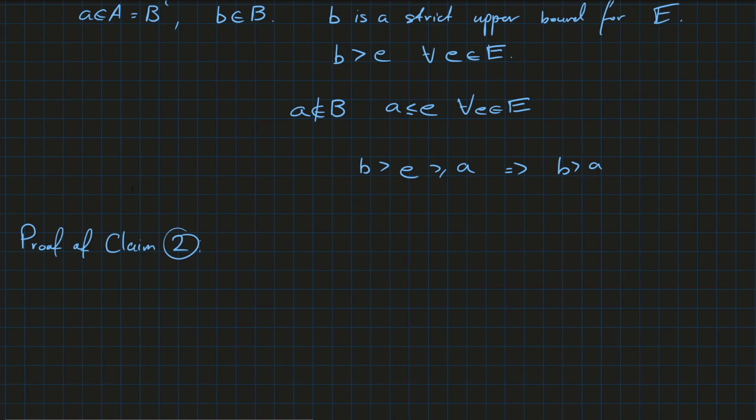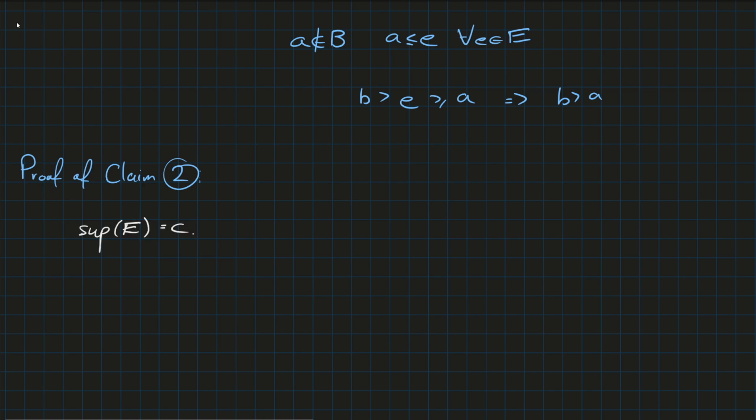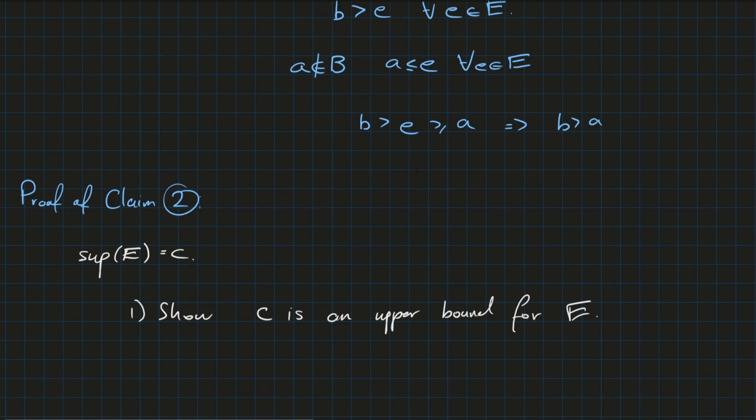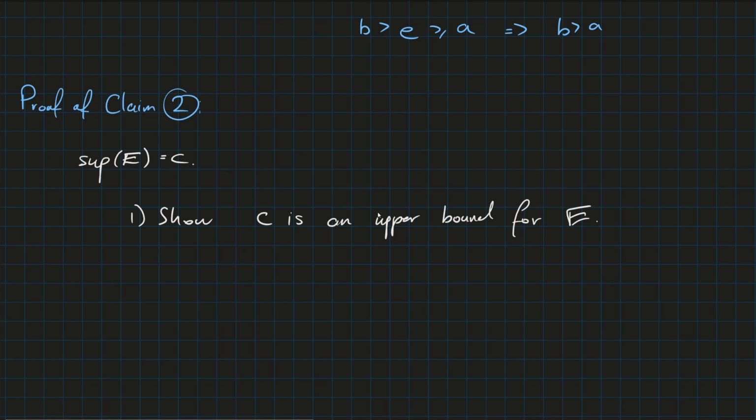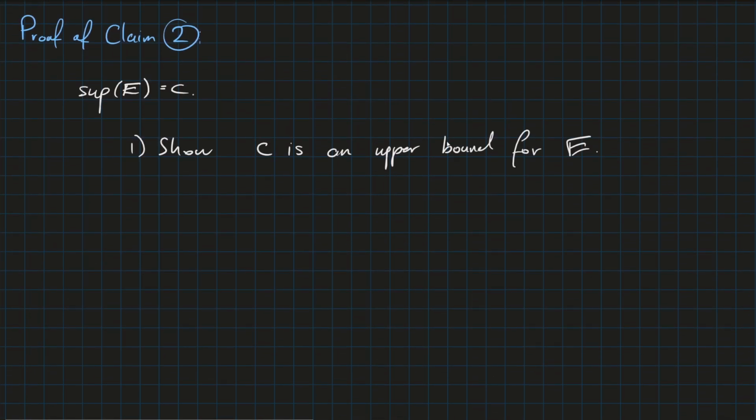So if we recall, the supremum of a set is equal to some number if, well, first thing we have to show is that C is an upper bound for E. Okay, and that's pretty clear because we know that C is an upper bound for A, okay, and E is a subset of A. Right?